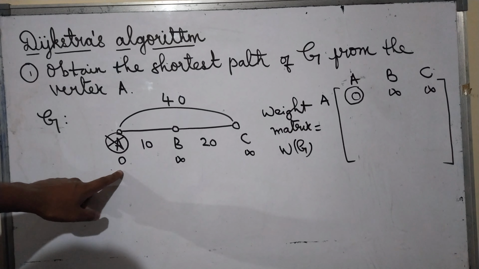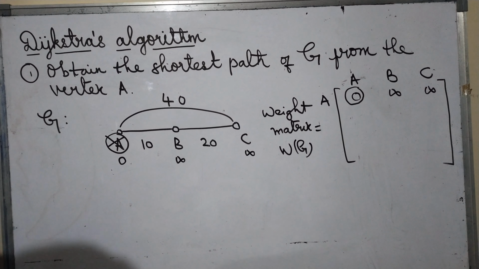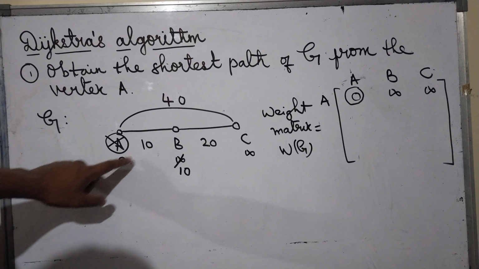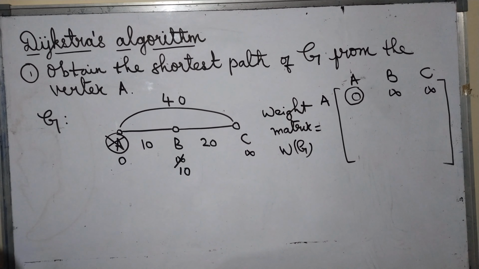Here 0 plus 10 equals 10, but we have allocated infinity in the previous iteration. Among 10 and infinity, let us consider the minimum one, so that is 10. And we have 0 plus 40 equal to 40. We have infinity there, so among 40 and infinity, we should choose the minimum one as 40.